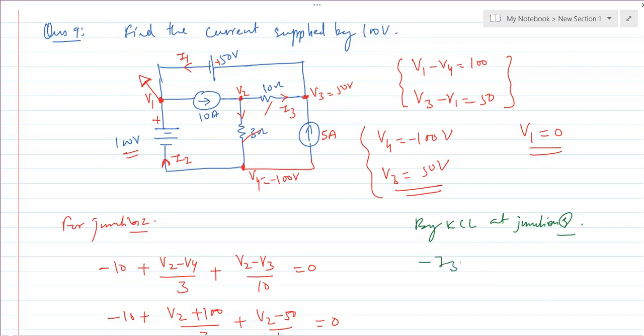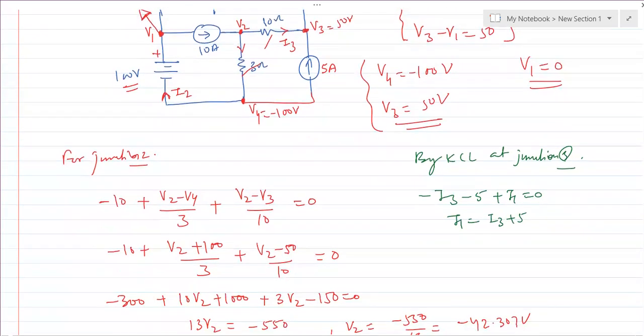One current that is 5 ampere is also incoming, that is -5, and one current which is I1 going outward from 3, that will be plus I1, equal to 0. Or I can say I1 will be I3 plus 5. What is I3 here? I3 is nothing but (V2 minus V3) upon 10.